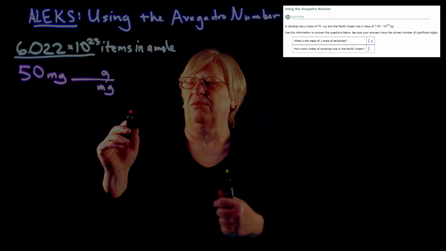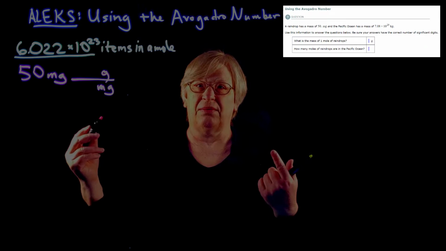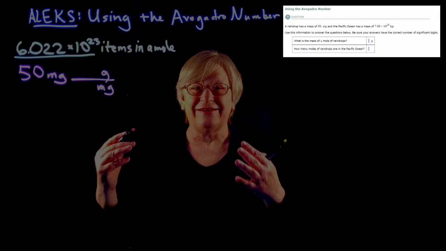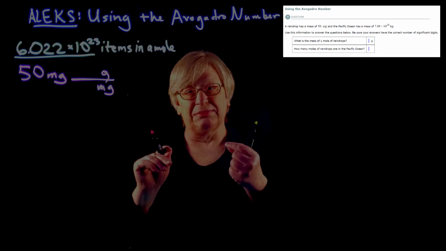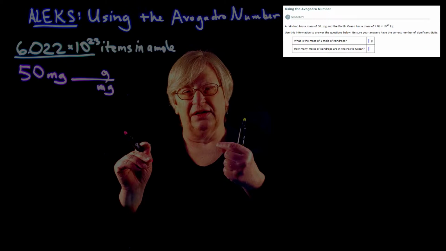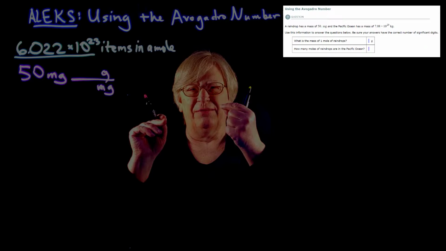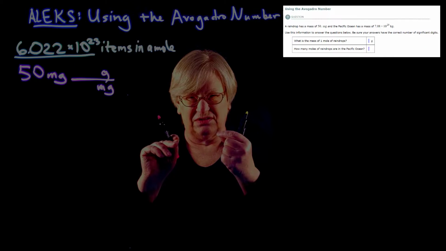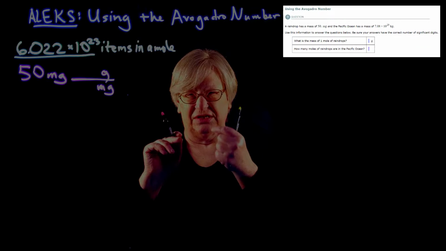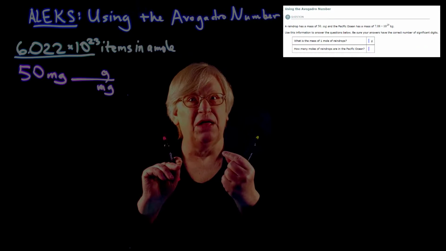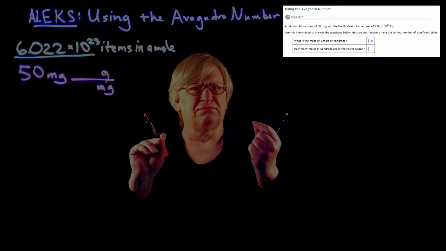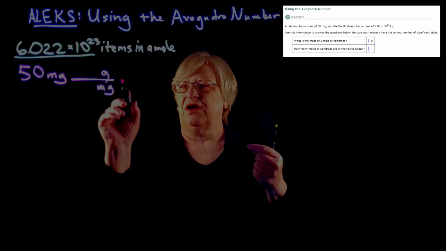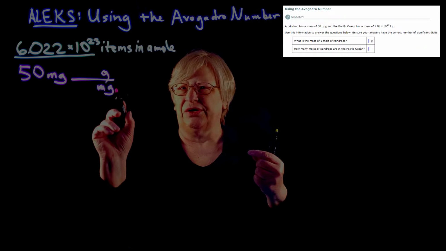So how many milligrams are in a gram, or how many grams are in a milligram? I think it's easier to always think about the small thing and the big thing, instead of saying how many big things are in a small thing. Then you have to use decimals, right, and fractions. Let's talk about how many small things are in a big thing. That's much easier to think about. So of these two, milligrams is smaller.